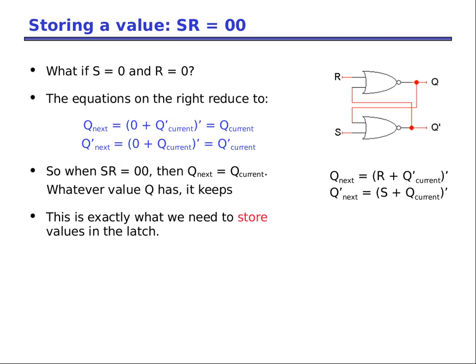Everyone got that? So when SR is 0, 0, then Q next equals Q current. Whatever value Q has, it keeps. So this is how it stores it. Because if Q, which is the output, is 1, then Q next is going to be 1, and Q naught next is going to be 0, which is what we want.